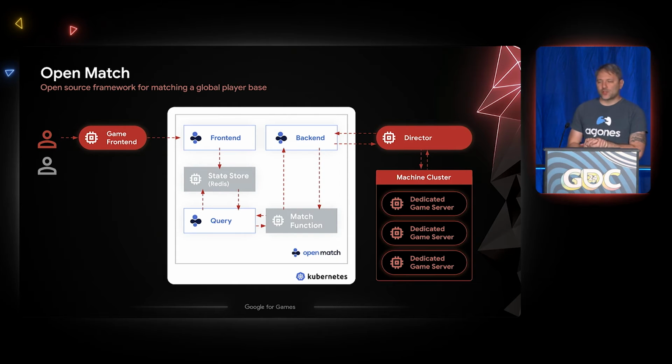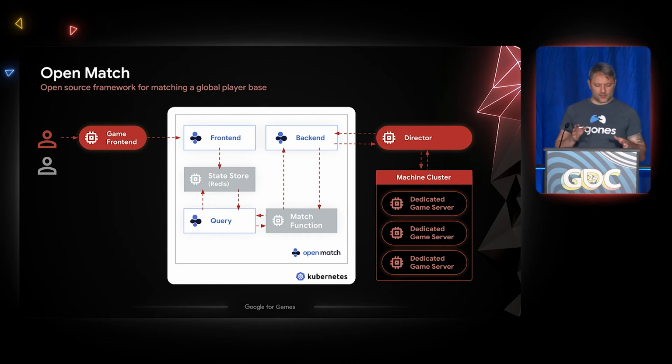So Open Match is one of our open source projects that we do for gaming at Google Cloud. I like to refer to it as an open source framework for matchmaking. It primarily handles the problem of how do I have custom match logic, and how do I scale that to a global player base.